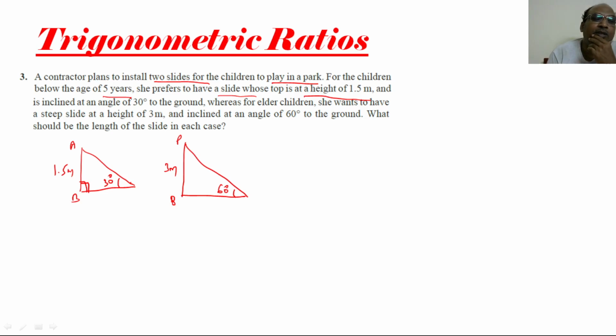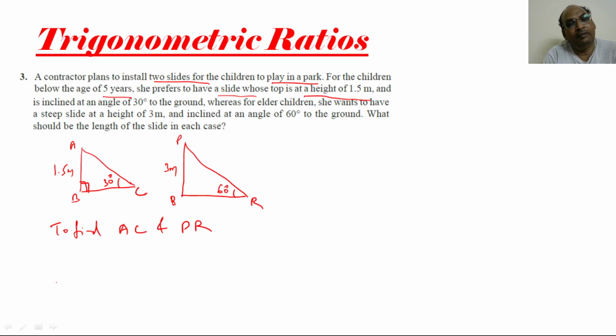So this is the length of the slide, which is AC. So AC we need to find, and PR. From each triangle, one side is already given, angle is already given, so we can find out.